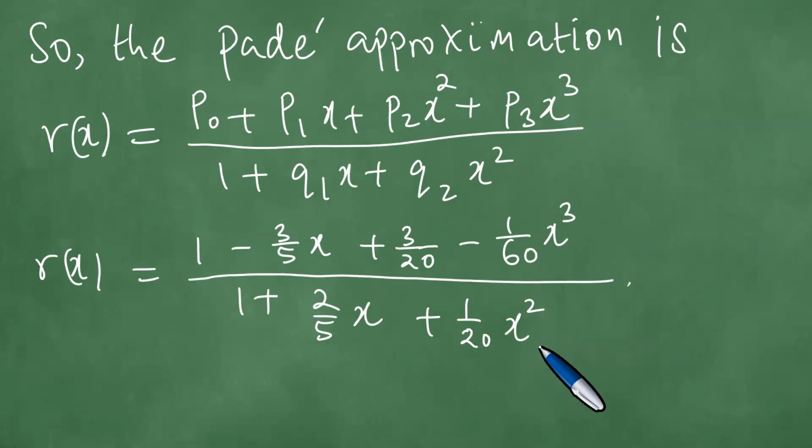X squared. Okay, this is just one example on how to study the Pade approximation, but let us look at a little bit more examples so that we can try to make a bit more sense of these in the context of more problems.